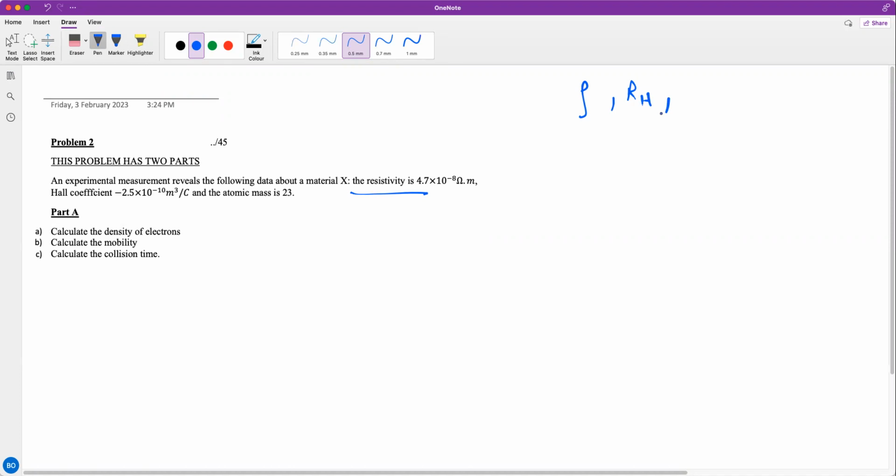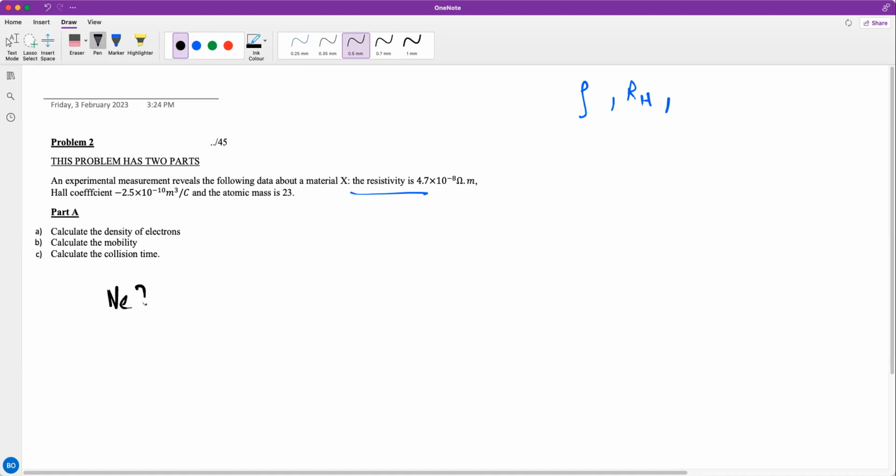The reason I'm giving the atomic mass is that we will be using it later, don't worry. So the question is, calculate the density of electrons. What is the density of electrons? n_e. So we want to calculate n.